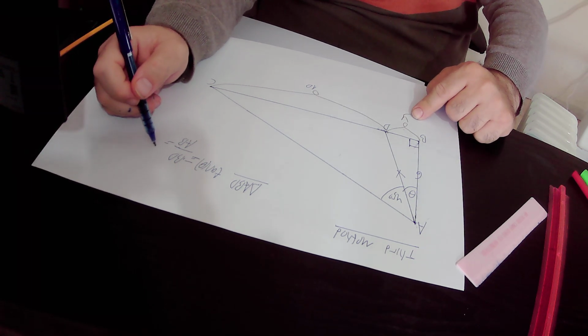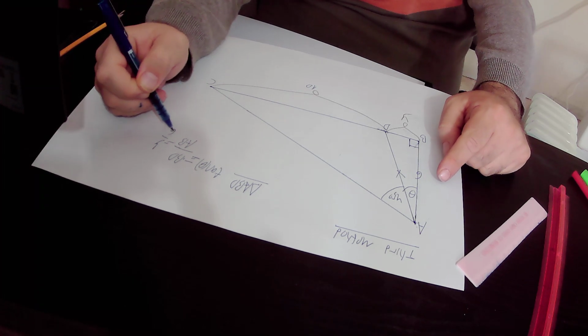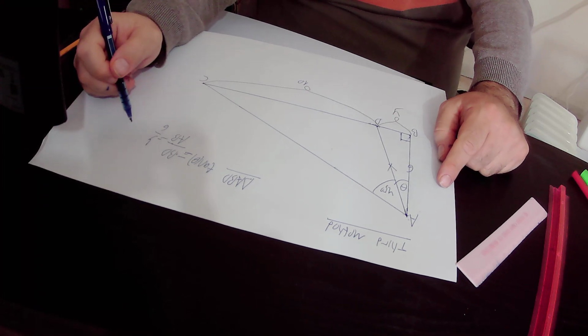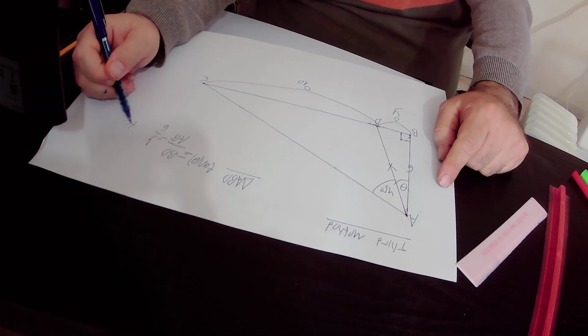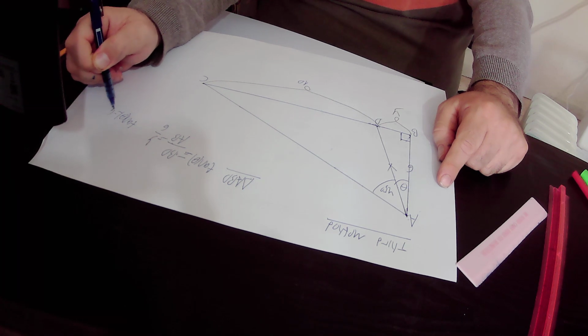BD equals Y according to our definition, and AB equals 6 according to what is given in the question. So in conclusion, we found out that tangent theta equals Y over 6.